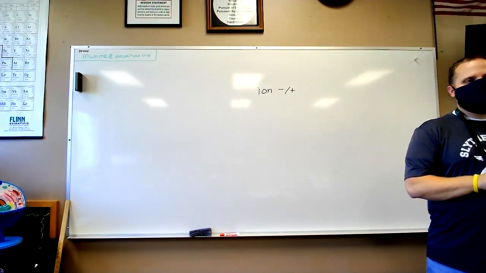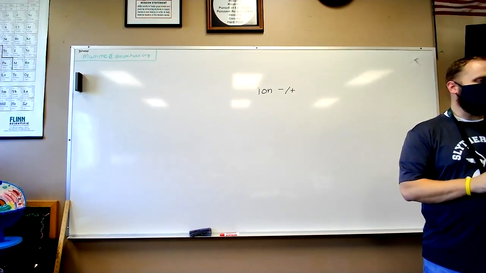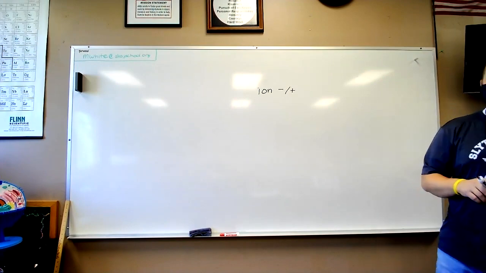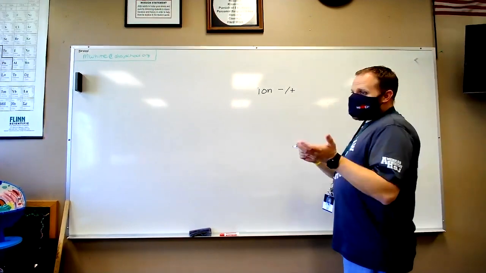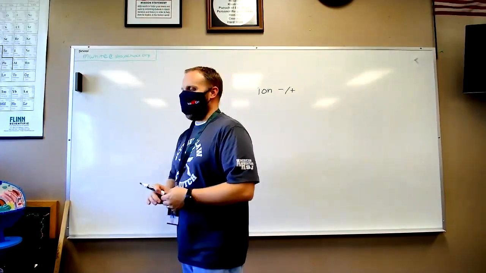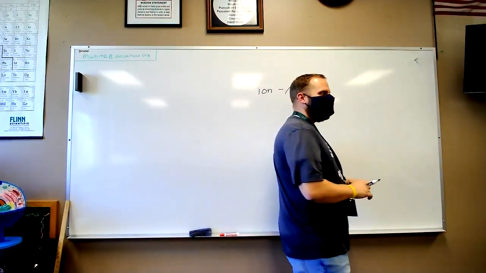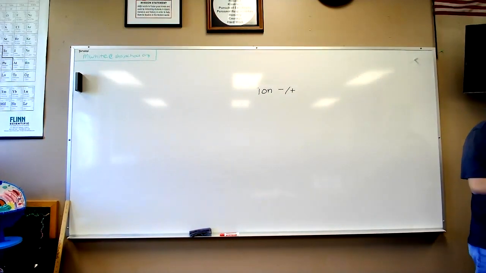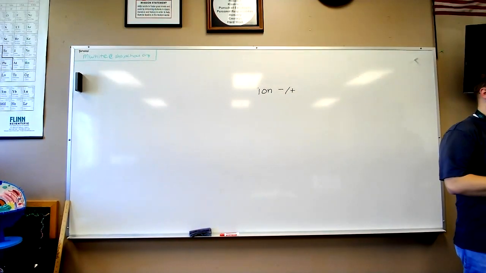So how many valence electrons does chlorine have? 7. Okay. Now let's just think about this. Don't even worry about chemistry. Let's just think about this rationally. If you needed to have 8 of something, and you had 7, what would you do?